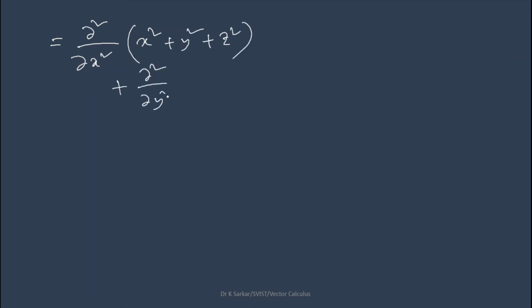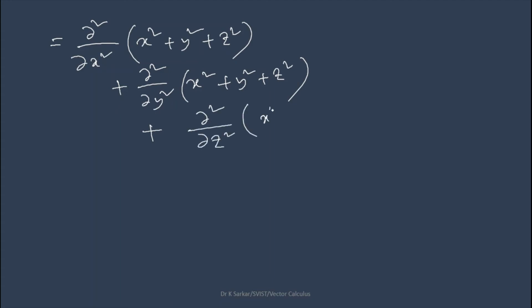That is, del 2 del x2 of x square plus y square plus z square plus del 2 del y2 of x square plus y square plus z square plus del 2 del z2 of x square plus y square plus z square, which is 2 plus 2 plus 2, that is 6.